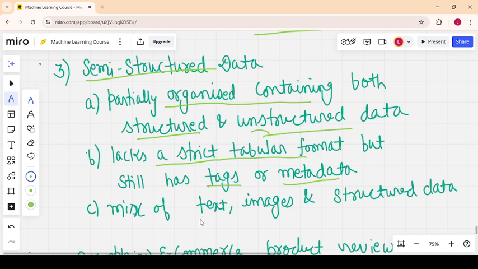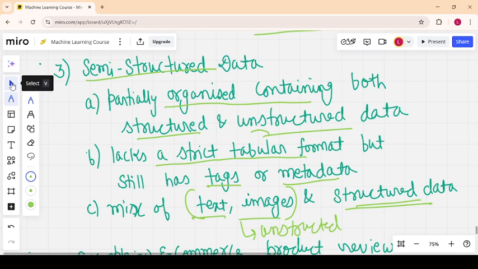For example, a data set can have text, images, as well as structured data. So this part is an unstructured data set, and this is a structured data set. So semi-structured data has features of both.